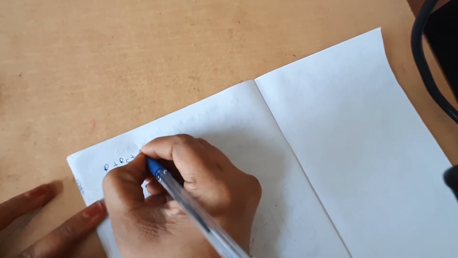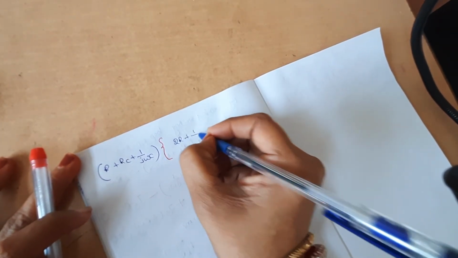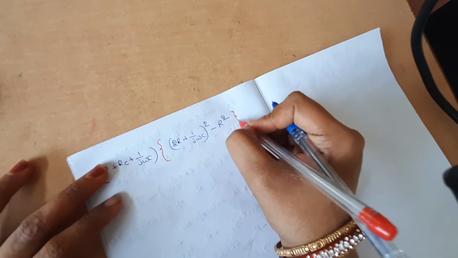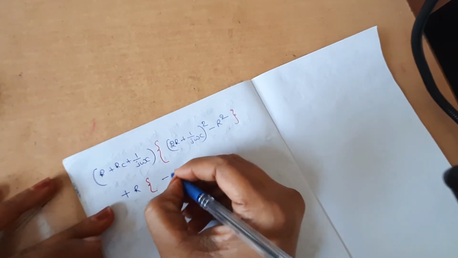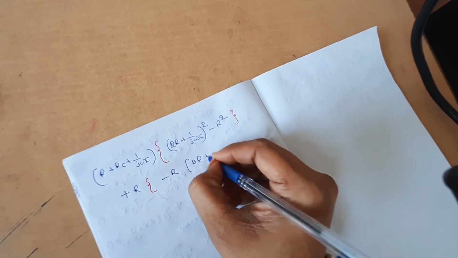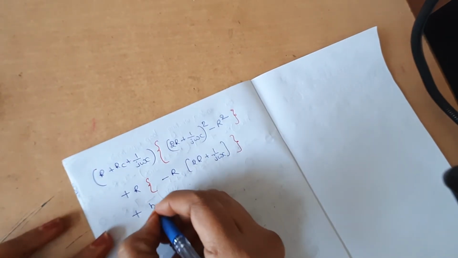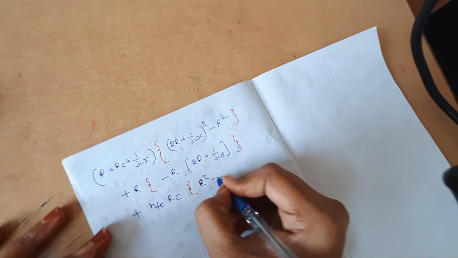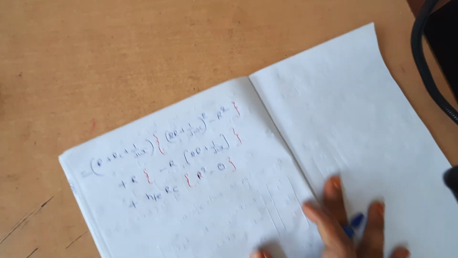R plus RC plus 1 by j omega C. So delta is equal to 2R plus 1 by j omega C whole square minus R square, plus R, minus R into 2R plus 1 by j omega C, plus RC, R square minus 0. So this is the final equation.